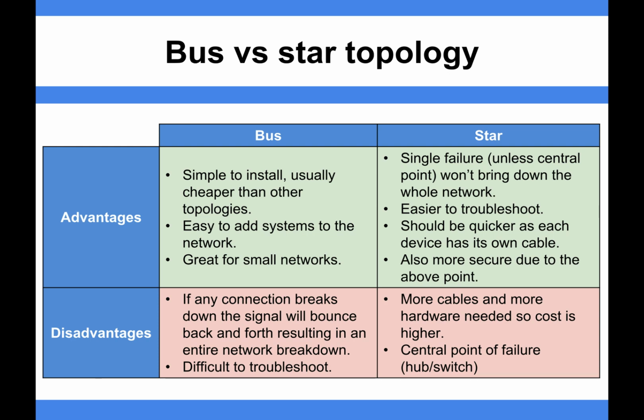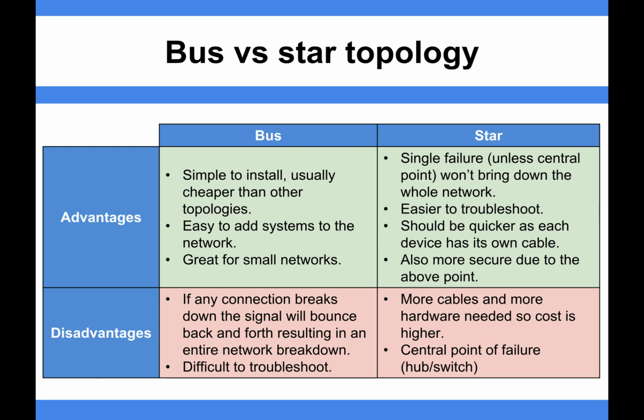But that's one point. Because of this, it's easier to troubleshoot, because if you come in the morning and the whole network's down, it's probably that central point, because if that fails, the whole thing fails. But other than that, if one computer's down, it's probably the connection between the computer and that central point. It's very easy to troubleshoot because of the way it's set up.